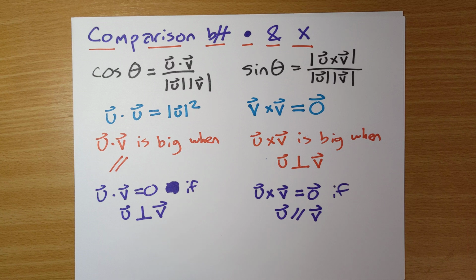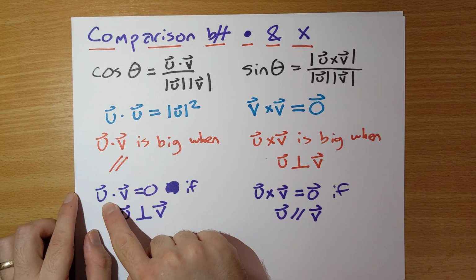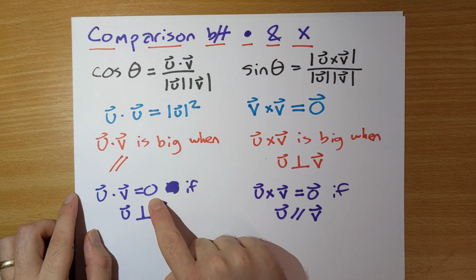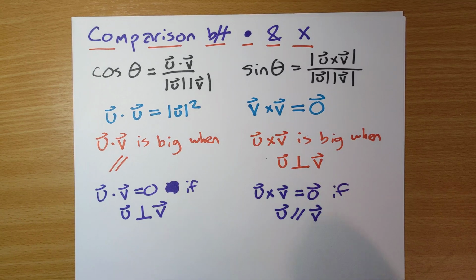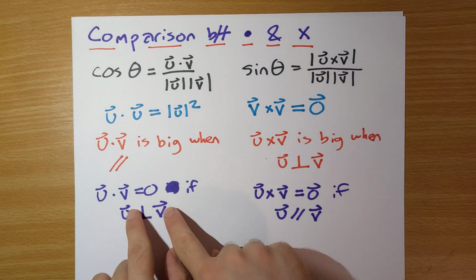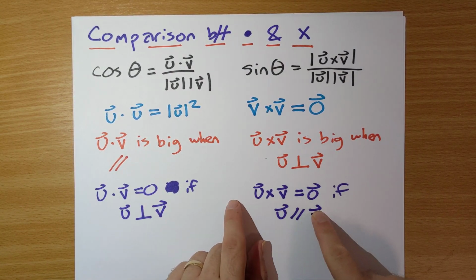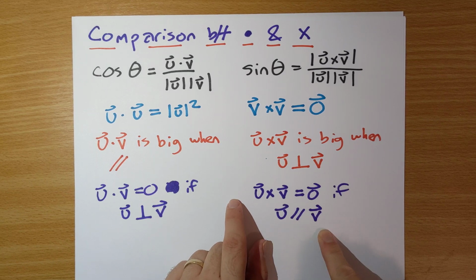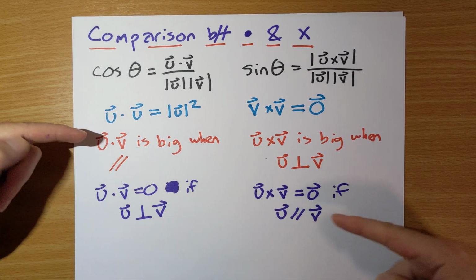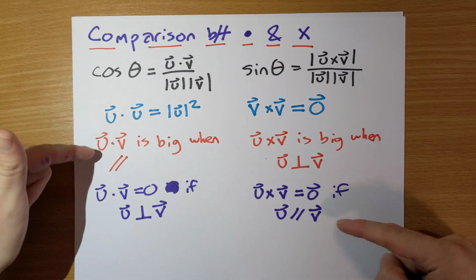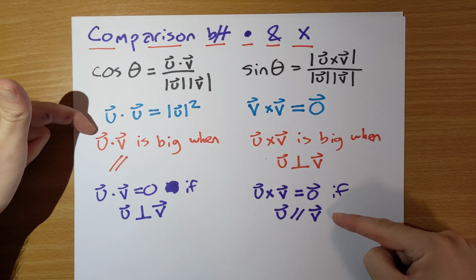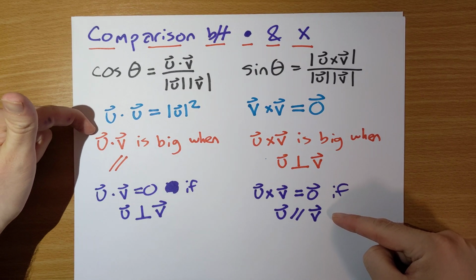And then this flip-flops here. If u dot v is equal to 0, that's when the vectors are perpendicular, when they're orthogonal to each other. And if u cross v is 0, the vectors are parallel to each other. So parallel gives big dot products and 0 for the cross product.